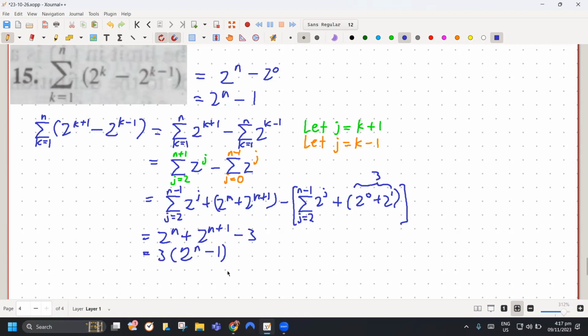Pero teka, 2 to the n plus 1 po is 2 times 2 to the n. Okay. So 3 times 2 to the n. Ayun, clean na. So po, okay na. So 3 times 2 to the n minus 1.